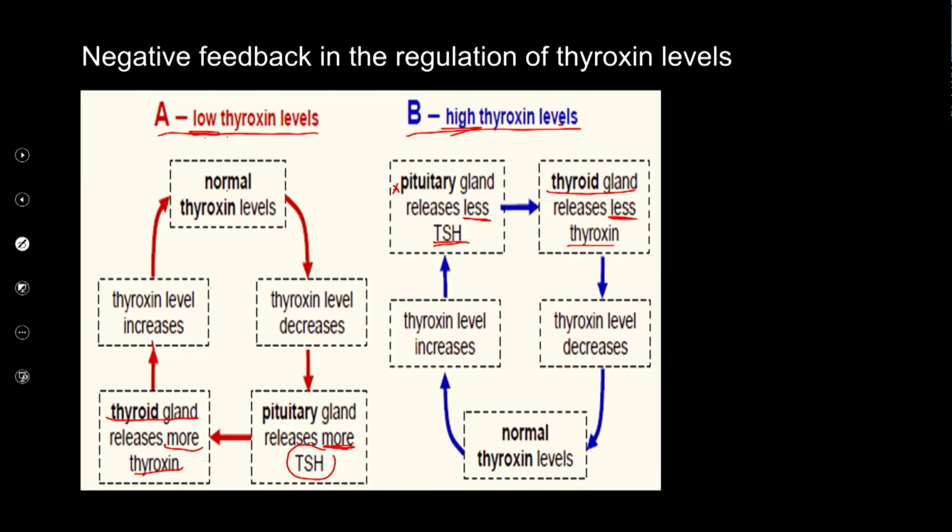So when less thyroxine is secreted, the level of thyroxine decreases. That will make the level of thyroxine in our system normal. And then the cycle continues like that because when we started here, we said it is high. Then this is the process.